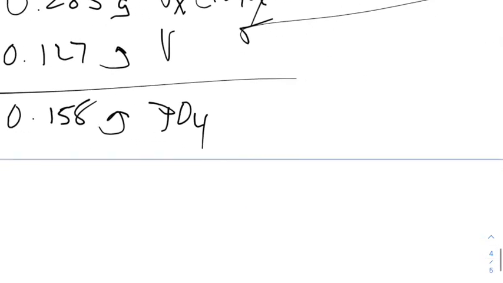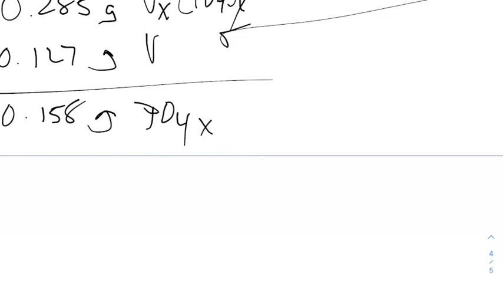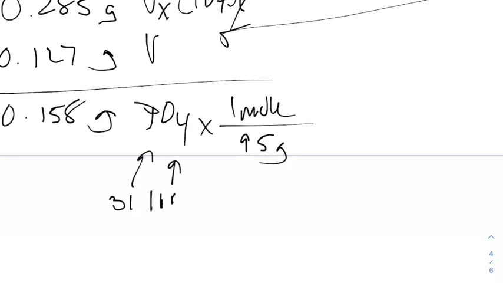If I know the grams of the phosphate, then I know the moles of the phosphate. All I have to do is divide it by its molar mass. So it's going to be 1 mole per 95 grams. Phosphorus is 31, oxygen is 16, 4 times. So add all that up and that gets you 95 for that ion.